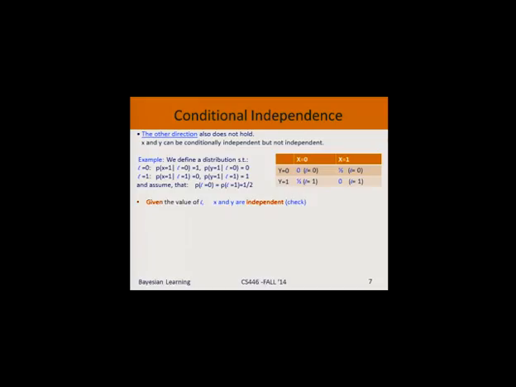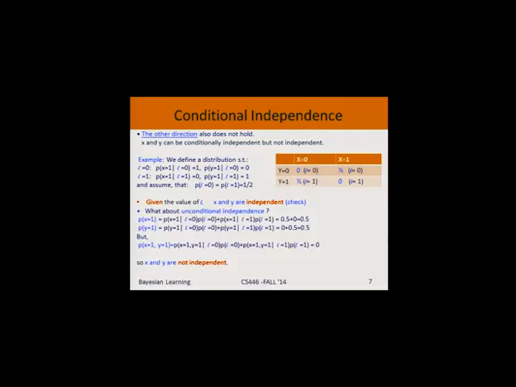Now, it's easy to check that given any value of L, they are independent. I defined them to be independent. You'll see that the product is 0 all the time. However, x and y are not independent. And again, you can compute it yourself. Here is an example.